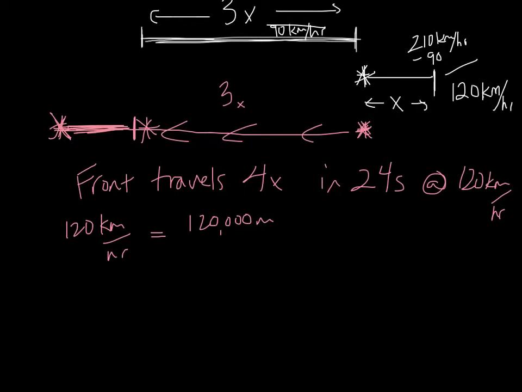Okay, how many seconds are there in an hour? 3,600. And now we're just going to reduce fractions. What's 120 over 1200 over 36? It's 200 over 6. Is 100 over 3.